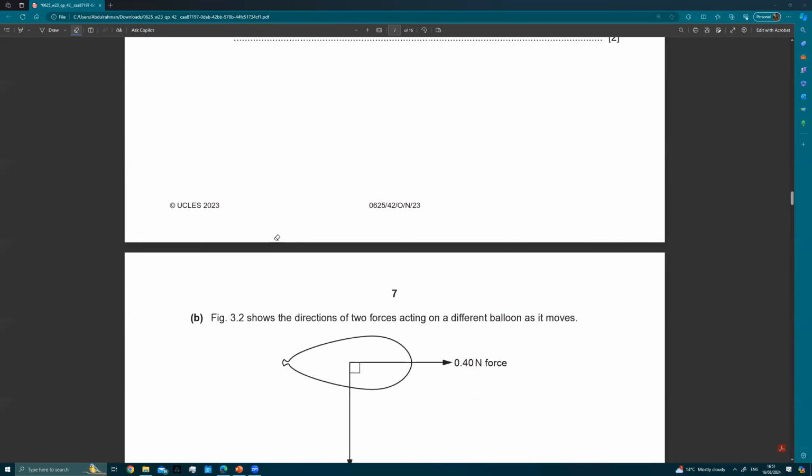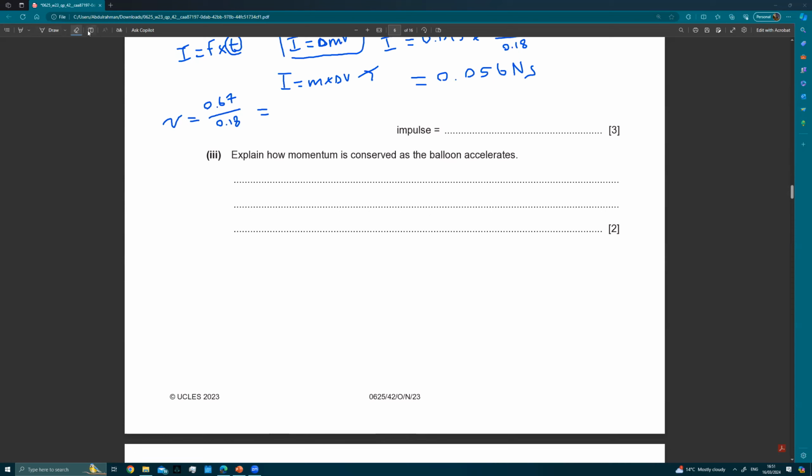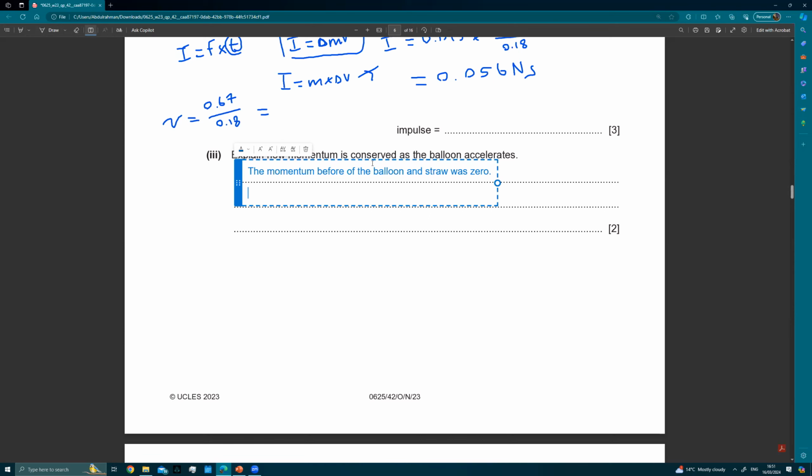We would say, for example, the momentum before of the balloon and straw was 0.